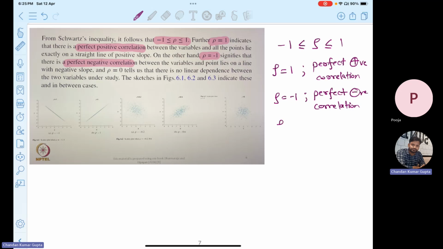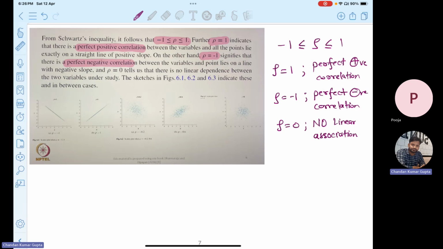And what if rho equals 0? Then there is no linear dependence, no linear association. There is no linear association if the correlation coefficient of the random variables is 0.